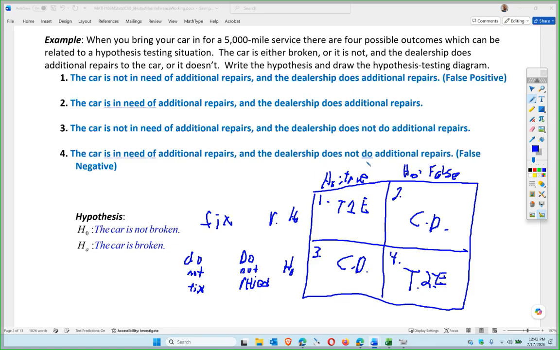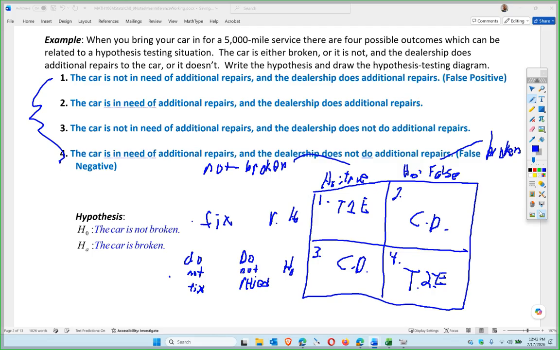And the problem is, if the null hypothesis is false, that means it's broken. And this means it's not broken, correct? So it being broken or not broken relates to either you fixed it or didn't fix it, which gives us our 4 outcomes essentially. 2 of them are good outcomes, 2 of them are bad outcomes, but it all relates back to this error box, we'll call it.